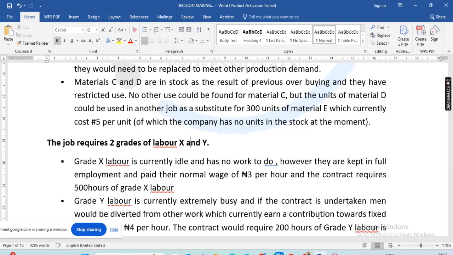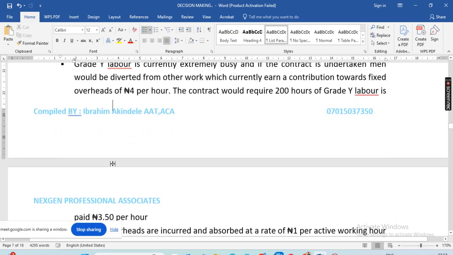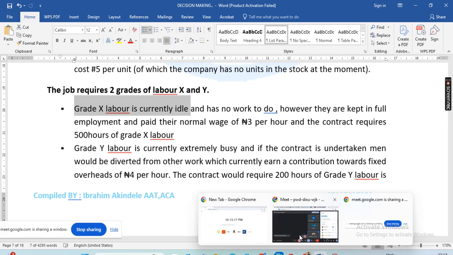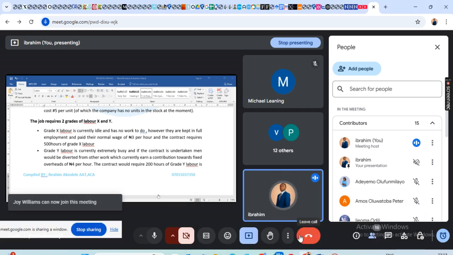The job requires 2 grades of labor, S and Y. Grade X labor is currently idle. Class, the worker is, I see, you will love it when we get to throughput accounting. You will fall in love with performance management.